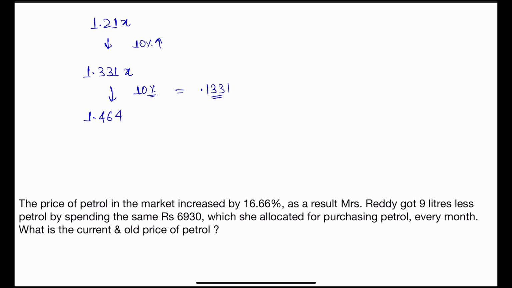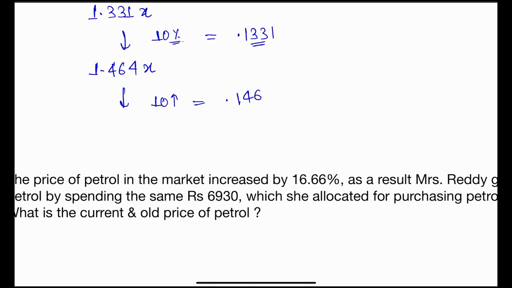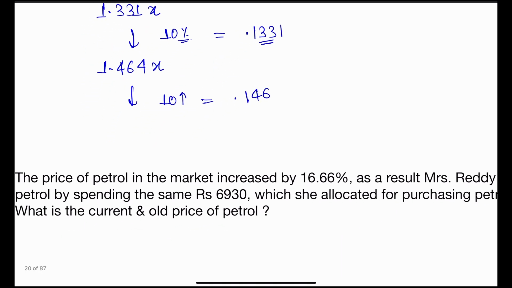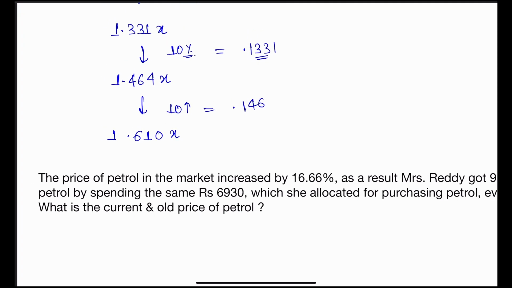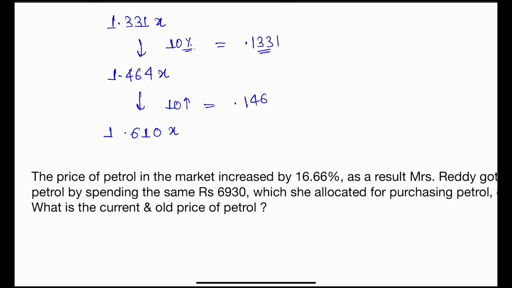1.464x. Then again 10% increase, so 10% of it is 0.1464, so if I just add 0.1464, how much will it be? 4 plus 4 is 8, 6 plus 4 is 10, carry 1, 4 plus 1 is 5, 1.61.